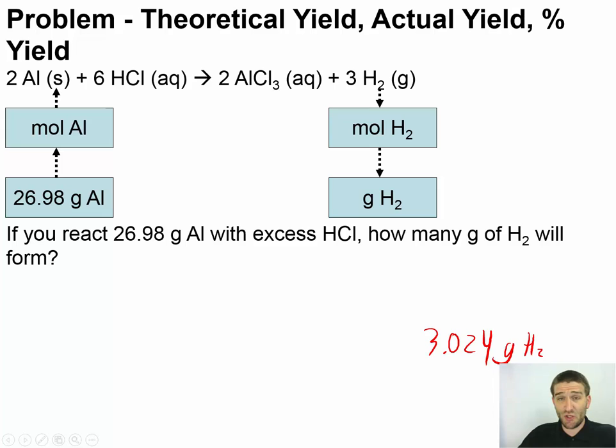Now what I want you to do is determine which one do you think that is? The theoretical yield, the actual yield, or the percent yield? Okay, that's going to be the theoretical yield. Because if everything goes exactly as we have planned, then that's the amount we should get. However, in the lab, things don't usually work that way.